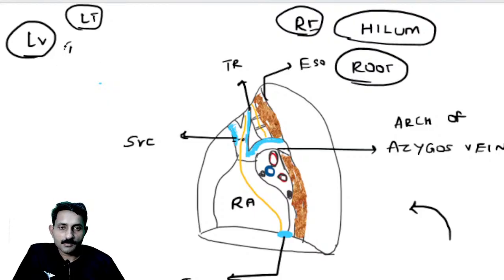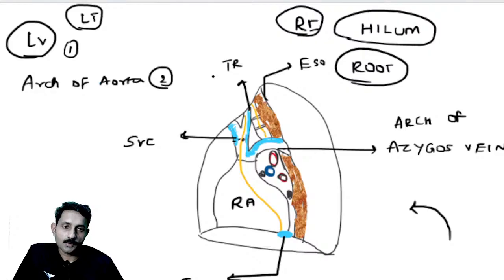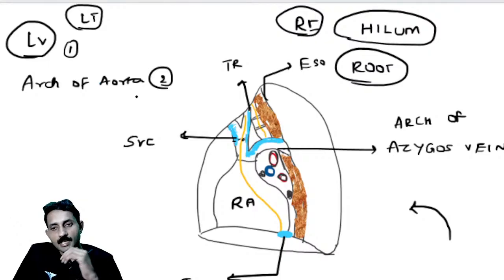Left ventricle will be there. That is the first part. Then we will have arch of aorta. That is the second structure. Then trachea also will be there, esophagus will be there. The difference is that here we have right atrium, superior vena cava, inferior vena cava. On the left side, we'll have left ventricle and arch of aorta.